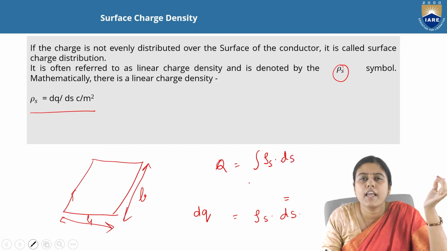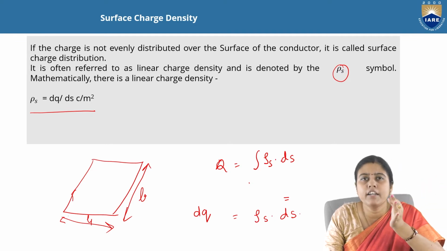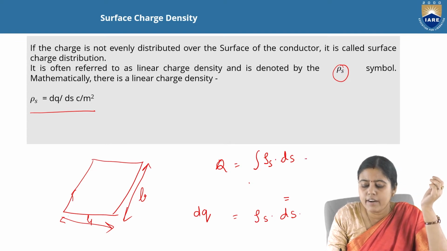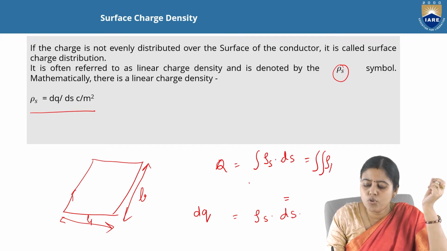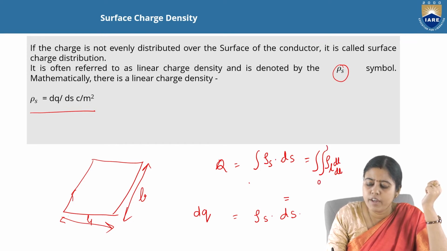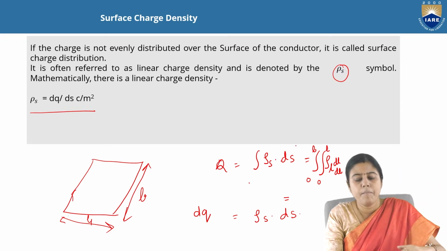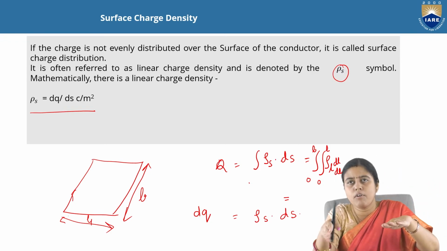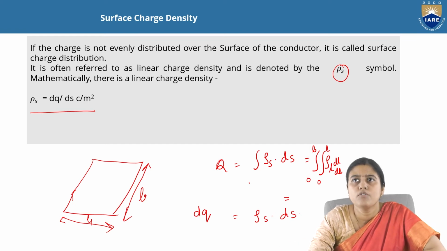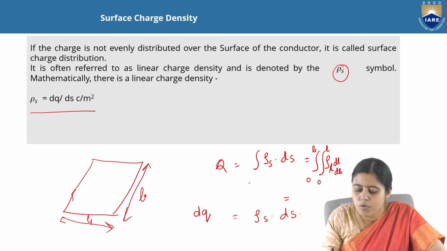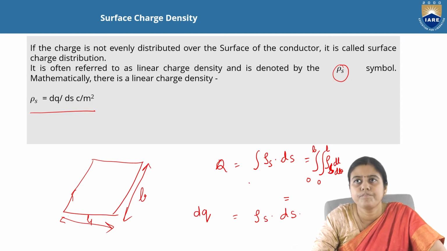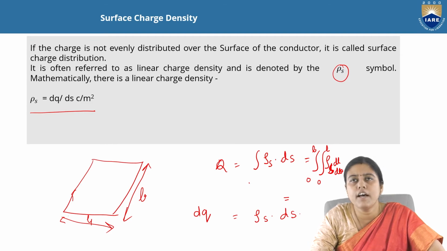Now s is equal to dl into dB, so we can write it as a double integration of rho s dl dB. This is 0 to L, and this is 0 to B, because charge is distributed lengthwise and breadthwise. So this is called the surface charge density.